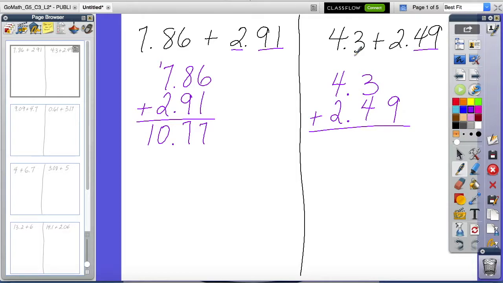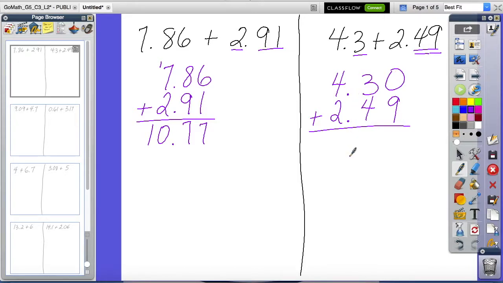Because 4 and 3 tenths only had 1 decimal place, and 2 and 49 hundredths had 2 decimal places, there is an empty spot here in this first addend. Just as we did in the past when we have an empty spot behind a decimal place, all we have to do is put a 0 to hold that place.